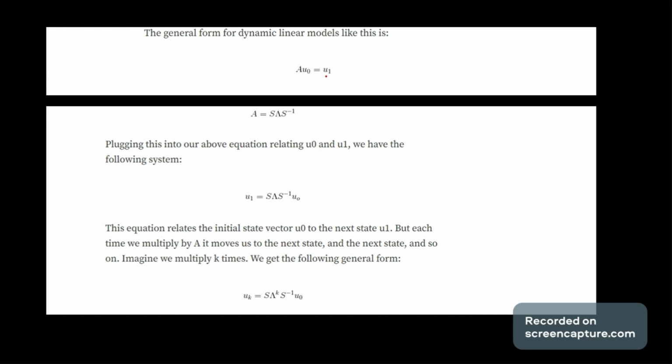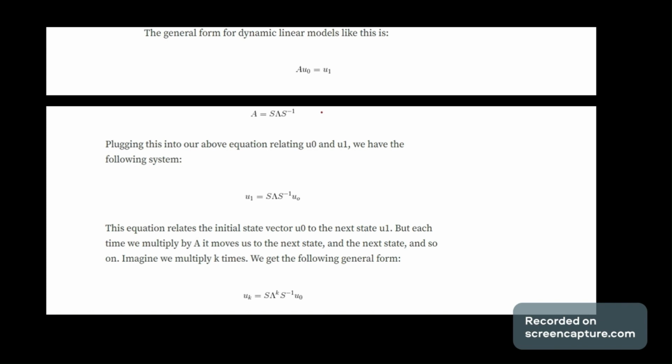Now, from the general understanding of linear algebra, I could say that A is equal to S lambda S inverse. So this lambda over here is a 2 cross 2 matrix with the eigenvalues of A at the diagonals and 0 elsewhere.